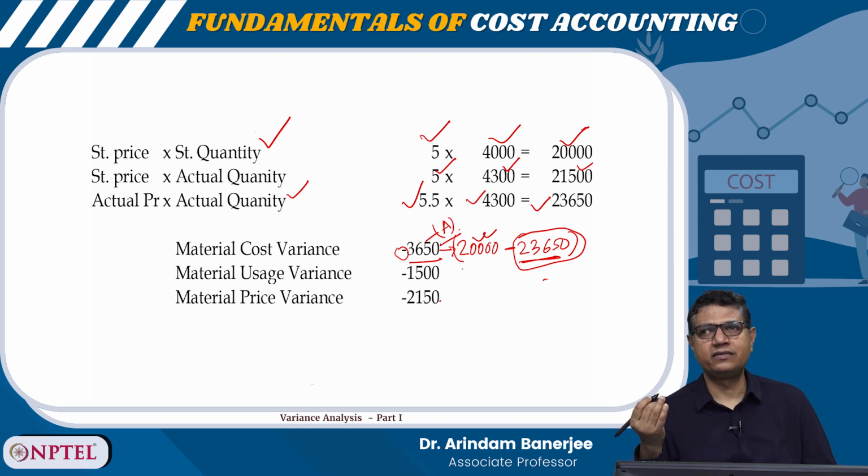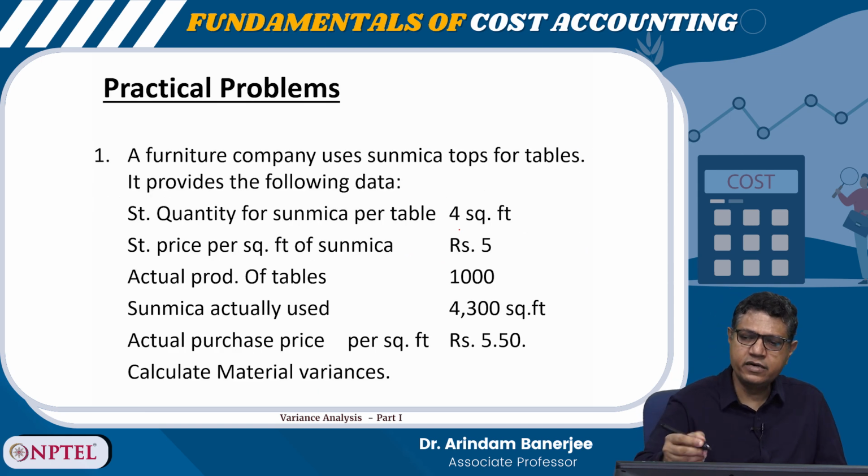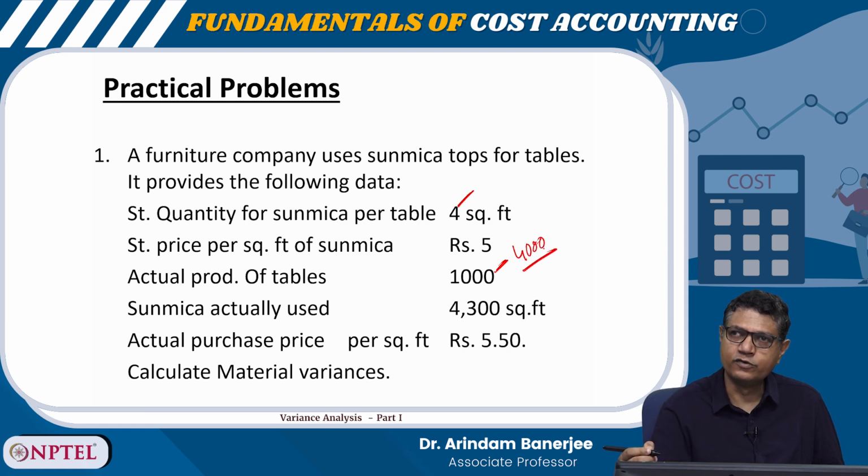Here also the standard usage is assumed to be 4 square feet per table, so for actual production of tables it should be 4 into 1000, that is 4,000, but actual usage is more, 4300. That means there is some difference in usage.